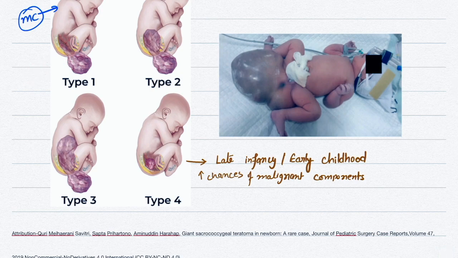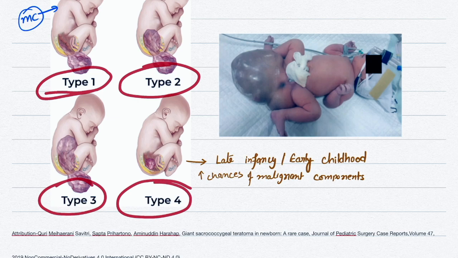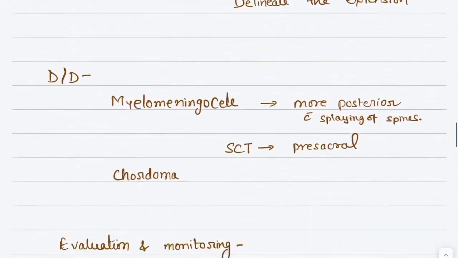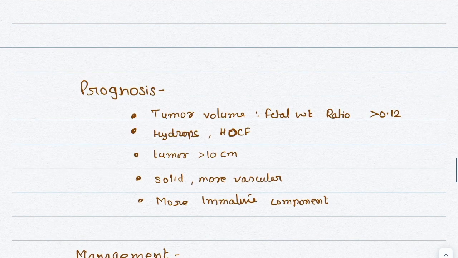However, the prognosis is not very significantly different in different types of sacrococcygeal teratomas, but it mainly depends on the tumor size and the amount of hydrops, HOCF, amount of immature component or malignant tissues, vascularity, and TFR.